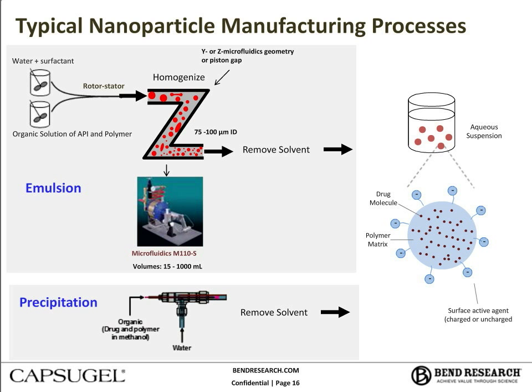These particles are usually produced in one of two ways, either through an oil-in-water emulsion process shown at the top of the slide, or direct precipitation from mixing solvent and anti-solvent, as shown on the bottom of the slide. In the emulsion process, the drug and polymer are added to an oil phase, which is normally a water-immiscible, high-volatility organic solvent such as ethyl acetate or dichloromethane.